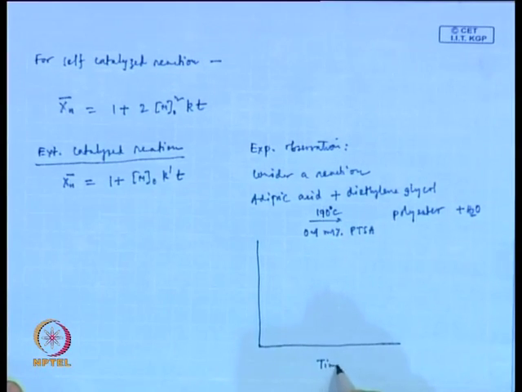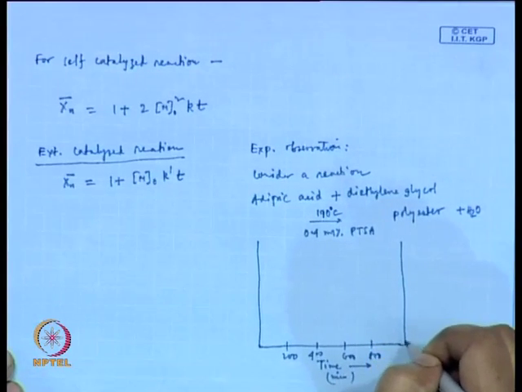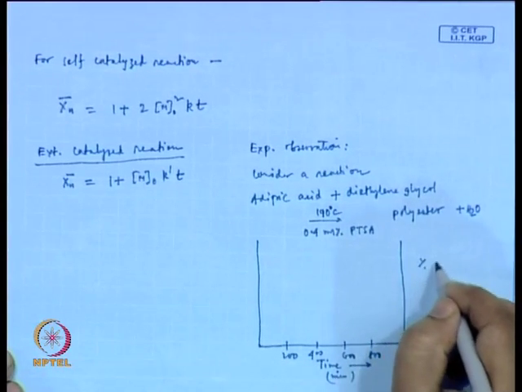On this axis we have time, say in minutes: 200, 400, 600, 800 and so on, and on this axis we have percentage conversion.